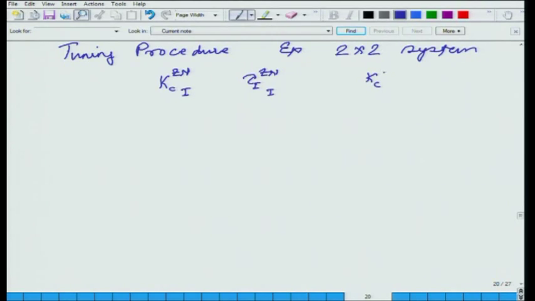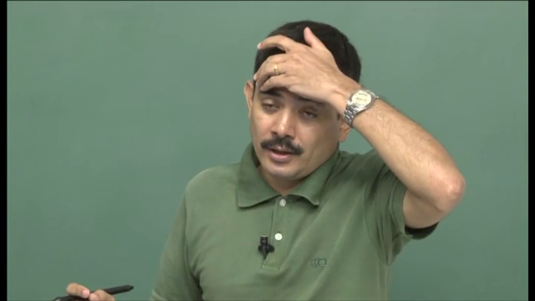You also obtain the gain Ziegler-Nichols and the reset time tau I Ziegler-Nichols for the second controller. This I can obtain using SISO techniques. These are the individual tuning parameters.